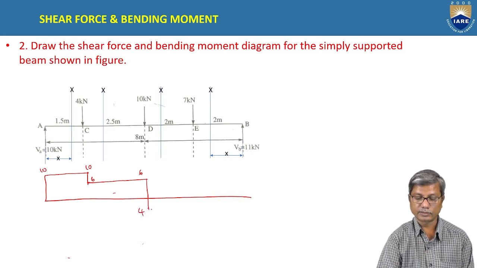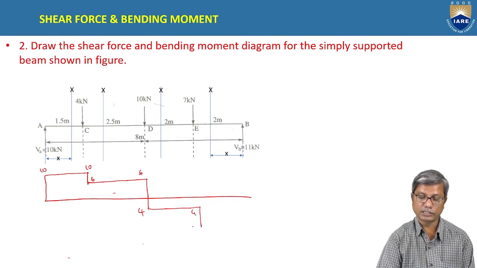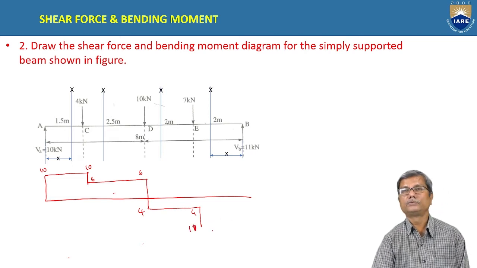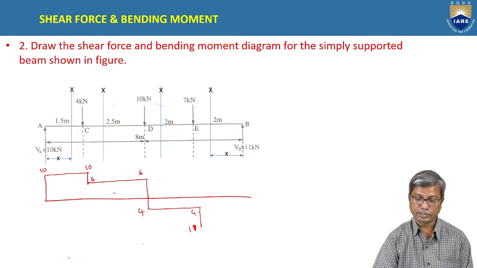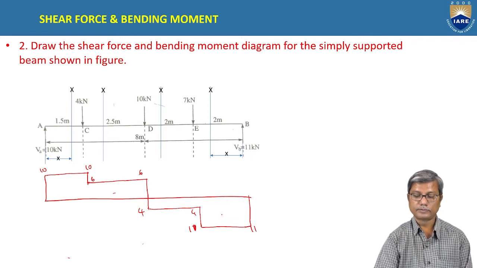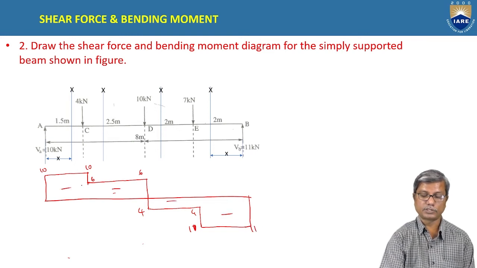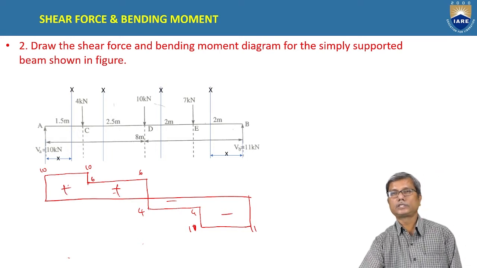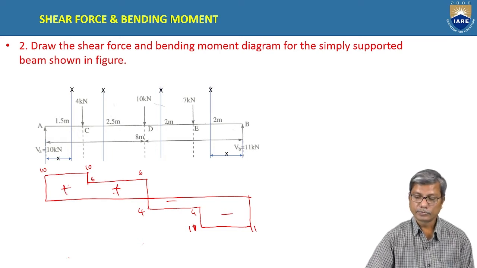And between D and E, it remains the same. And at E, there is a drop again: minus 4 minus 7, that is minus 11. This is negative and this is positive. Is this clear?